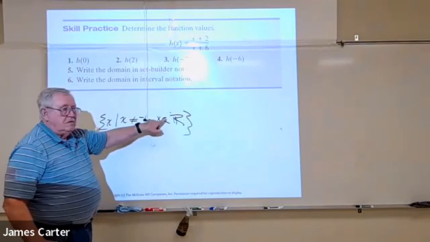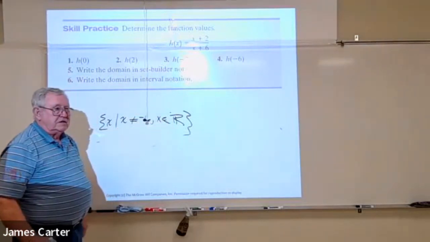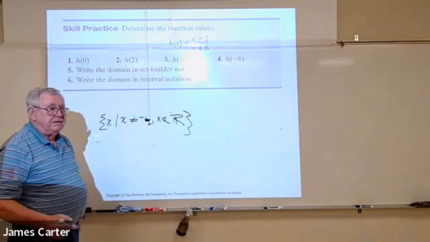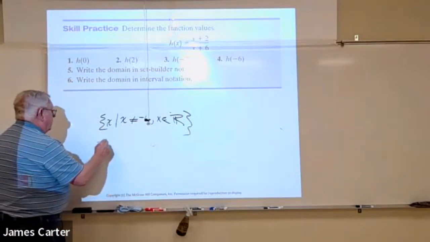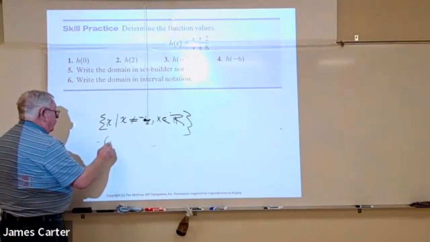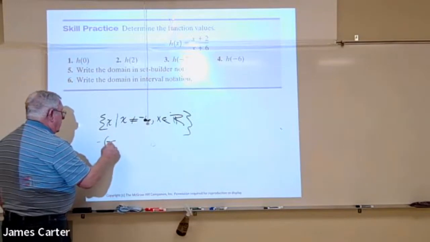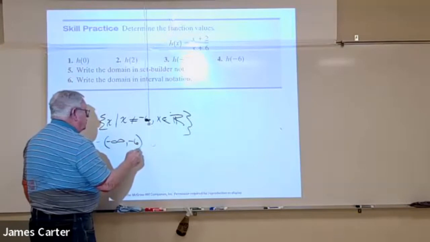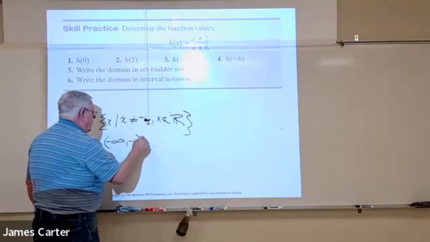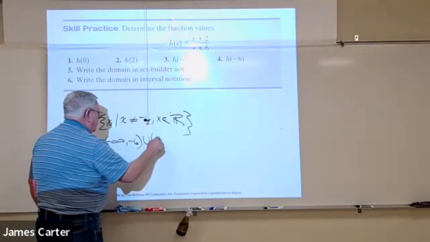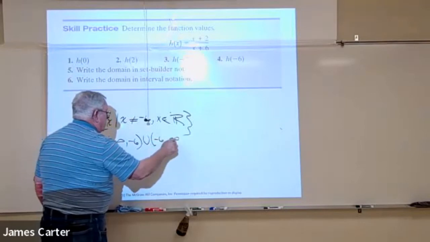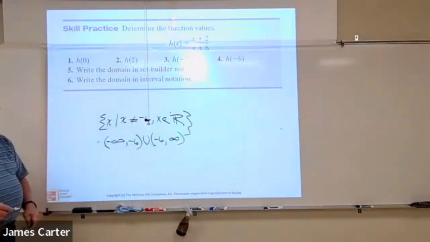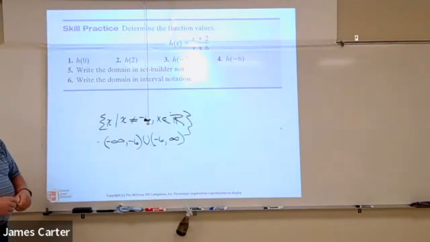Kind of a C with an E bar in the middle of it means contains. Okay, what about for interval notation? -infinity to -6, non-inclusive because it can't be, union with -6 to positive infinity. So that would be the answer here. Okay.